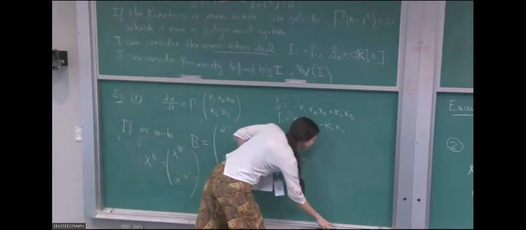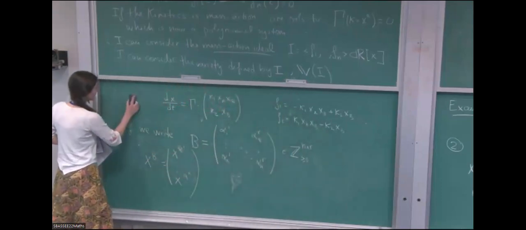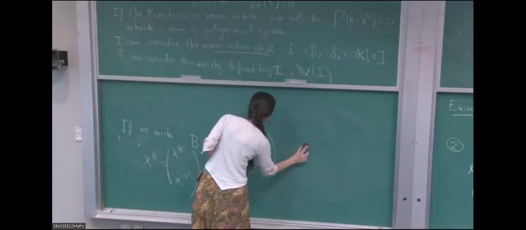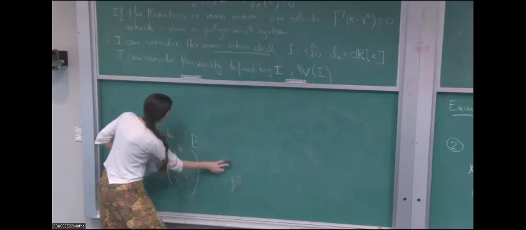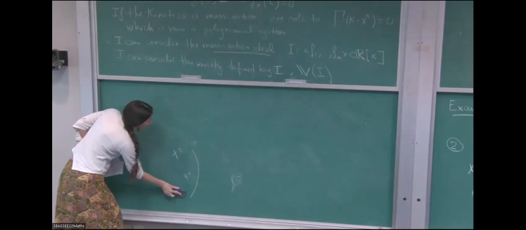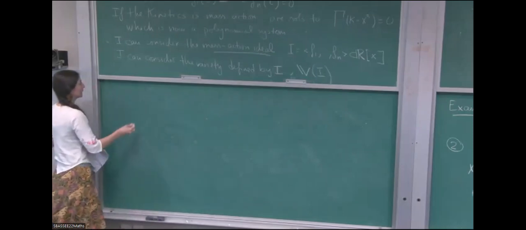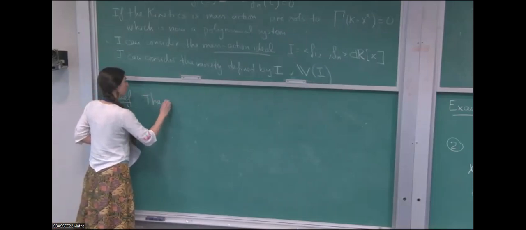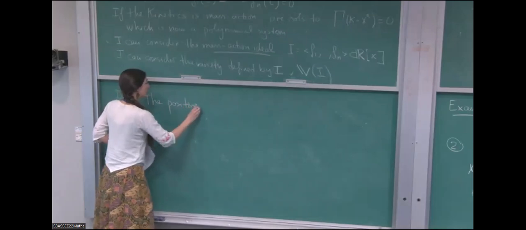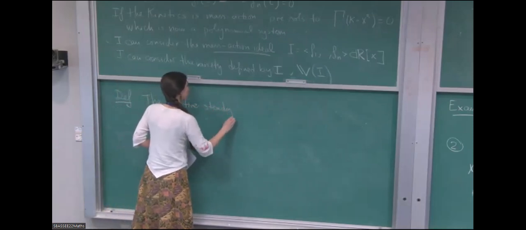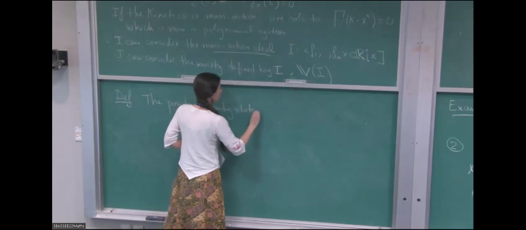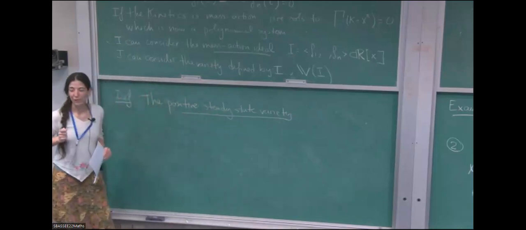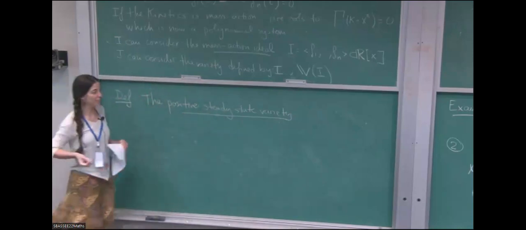But as I want to consider only positive steady states, then what I have is not really a variety, not an algebraic variety, but a semi-algebraic set. And I still call it a variety, but I say the positive steady state variety.